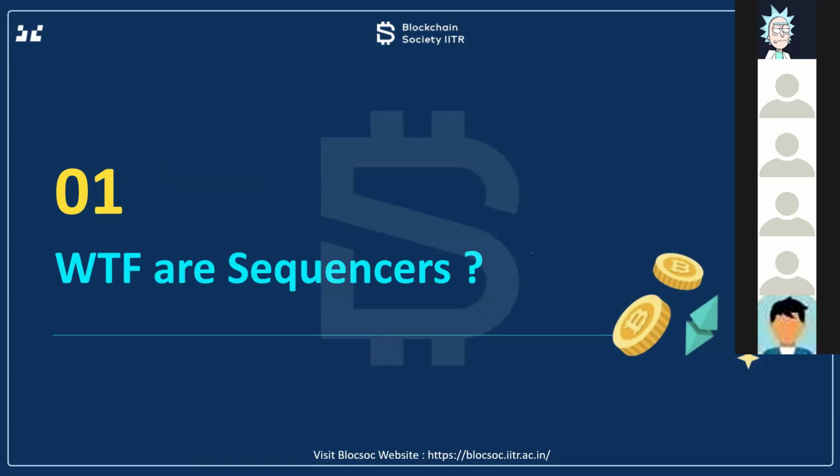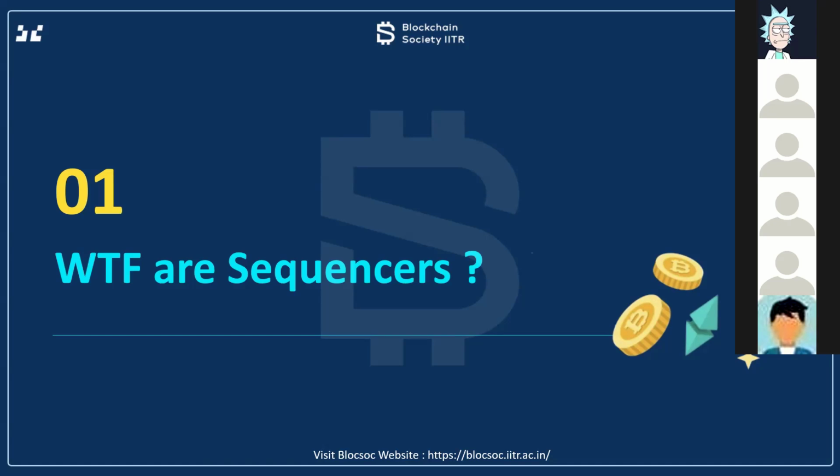We can say that sequencers are some special nodes that are given some special permissions by rollups or L2s. And what are these special permissions? They can batch some transactions. They can see the mempool where the transactions are being held, and they can execute these transactions. They can change the state of the L2s, and they are given the permission to also batch and post it on a rollup contract or an L2 contract, which would be on L1.